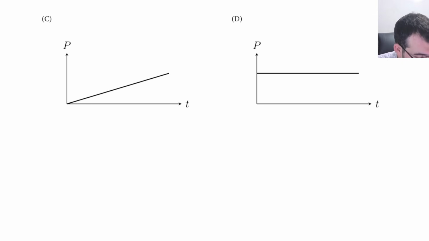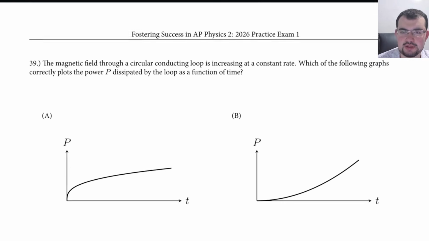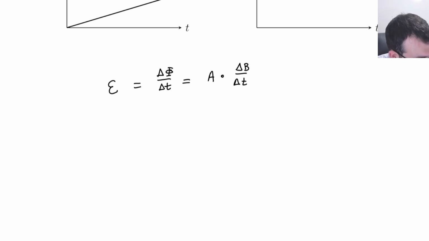Well, we know that the EMF induced in a conducting loop is the rate at which the flux is changing, which is just equal to the area of the loop times the rate at which the magnetic field is changing. And we just said the B field increases at a constant rate. So that means B as a function of t might look something like this.